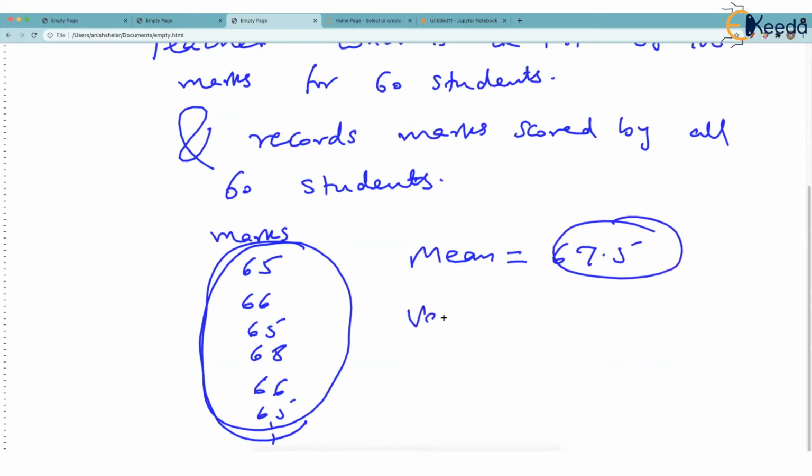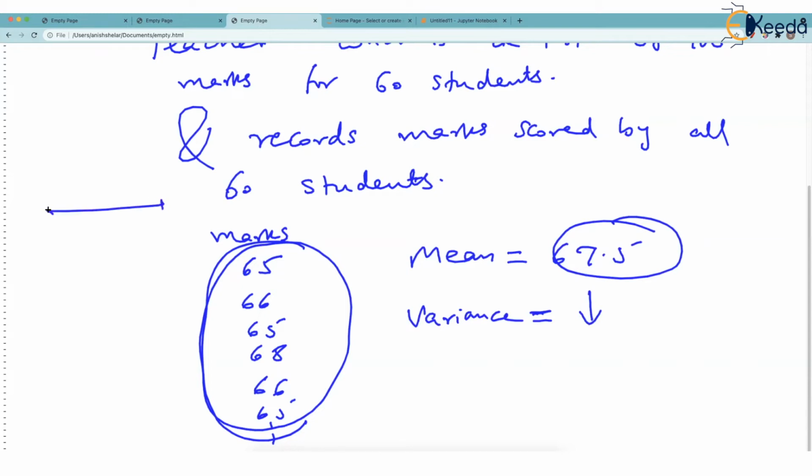And then the teacher finds the variance. And this variance comes very, very small, very low variance the teacher gets. What that means is that all students have performed very near to the average.